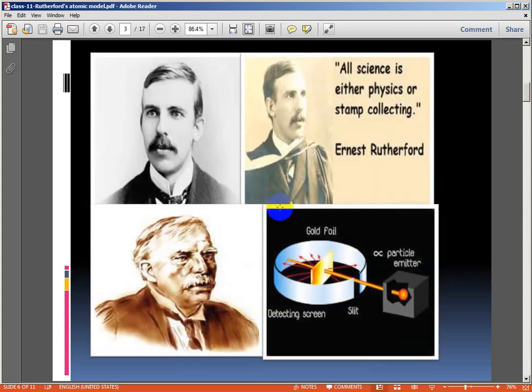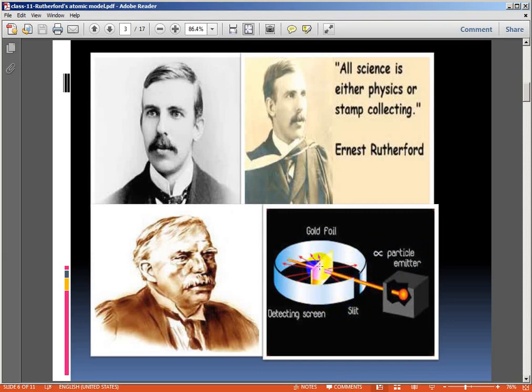Have you seen this picture of Ernest Rutherford? He gave this model, the Rutherford atomic model, based on an experiment. The experiment is called the alpha particle experiment. Have you seen this picture?